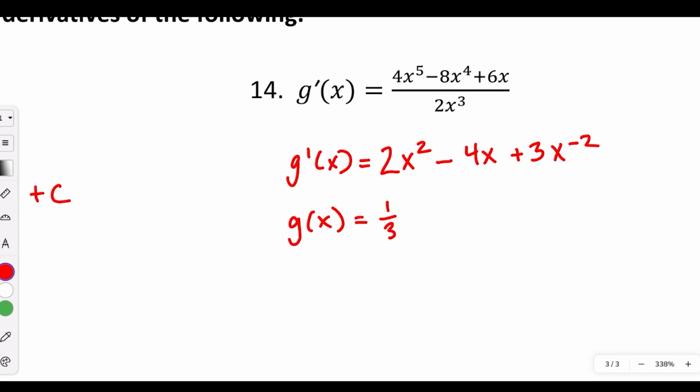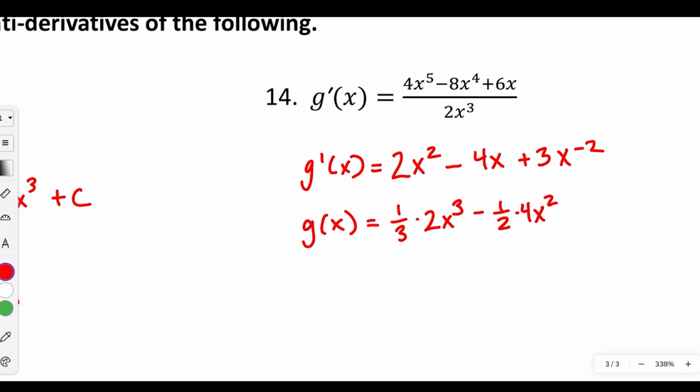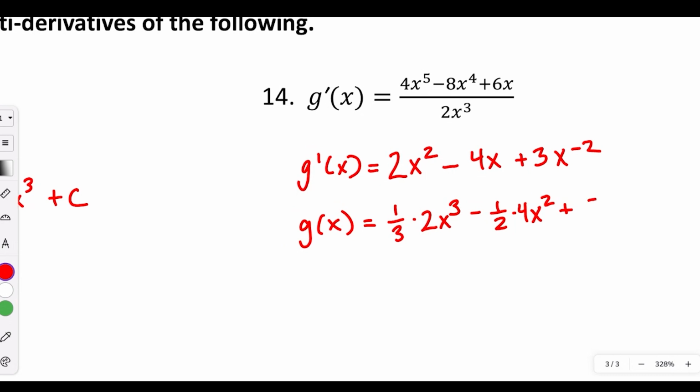So here we have 1/3 times 2x cubed minus 1/2 times 4x squared plus negative 2 plus 1 is negative 1. So negative 1 over 1 is just negative 1, but I'll leave it like that, times 3x to the negative first power.